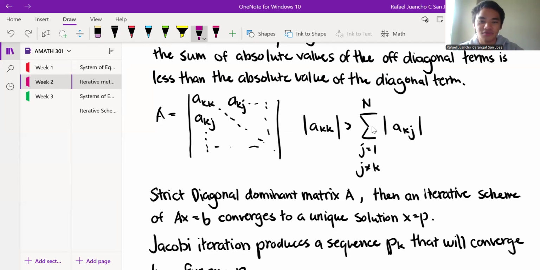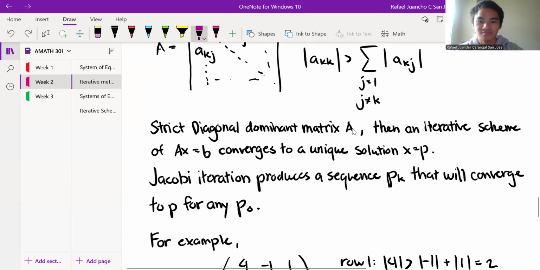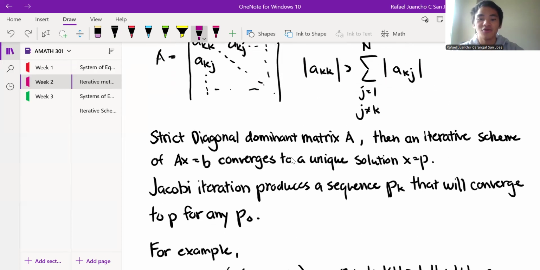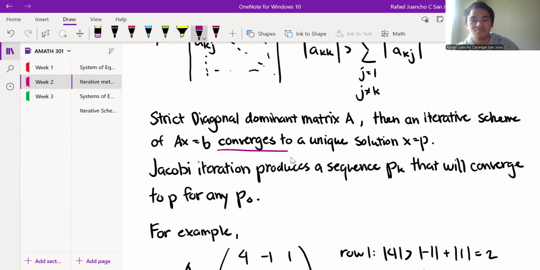And we're summing all of those up, right? And so if it is diagonally dominant, then it always converges to a unique solution. So it always converges if it's diagonally dominant.